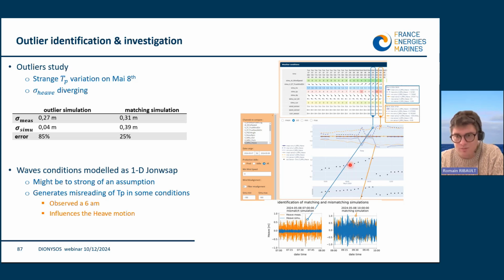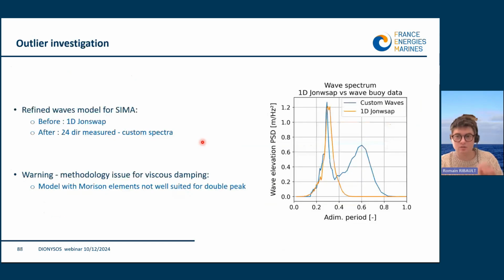Because this looks strange, we had a look at the wave conditions and especially wave buoy measurements. What appears is that in CIMA software, we used a simple JONSWAP spectrum. In fact, this sea state is not the most common in BMAP, but you had two peaks on the wave spectrum.